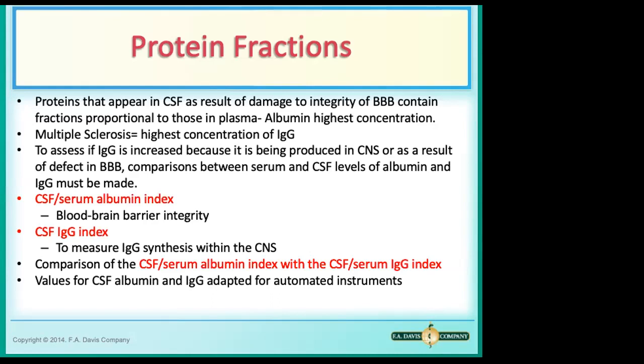To assess if the IgG that is present is increased because it is being produced in the central nervous system, or because of a defect in the blood-brain barrier, we have to compare the serum and CSF levels of albumin and IgG. There is a whole IgG and albumin index that we have to follow.